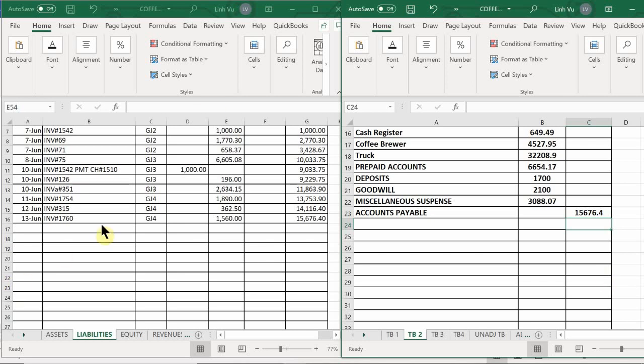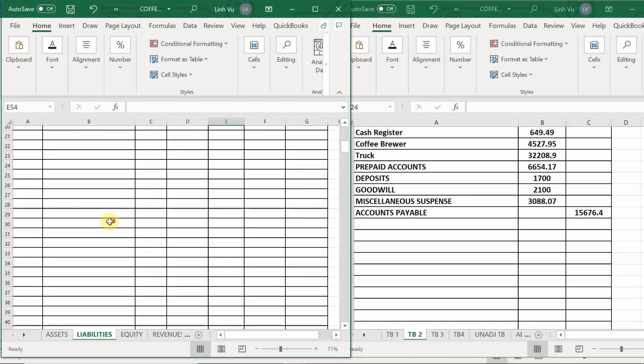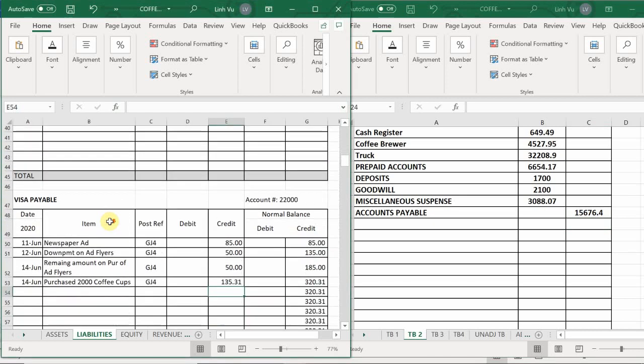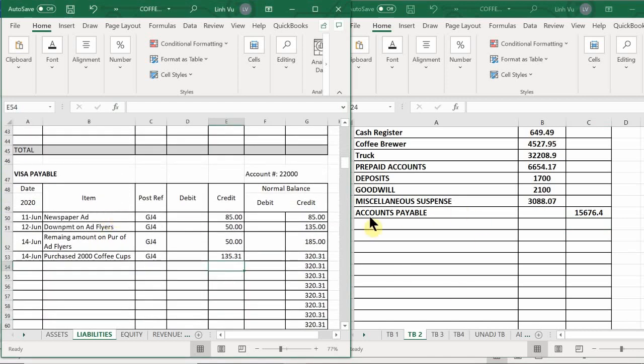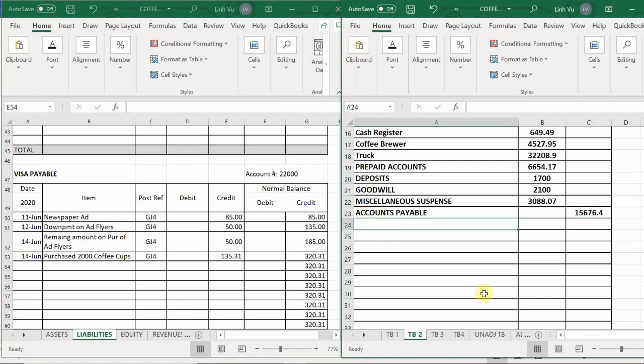Let's see what account is next. We have a Visa payable, so we just started using our credit card. Let's see what the amount here is for Visa payable. On the credit side, how much have we used so far on our credit card? 320.31.